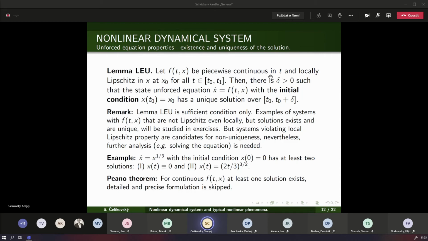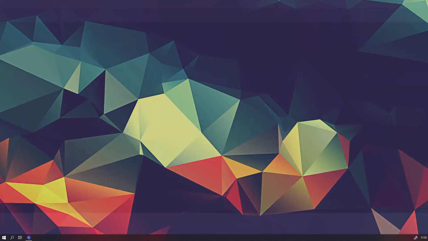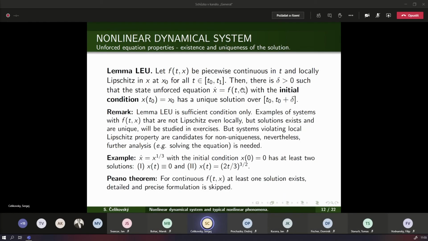This is the same situation as for a linear system. In general, this equation may have many solutions, and if we want to have one fixed, we usually should fix the so-called initial conditions. So at time t0, we ask that the state is x0, and then of course we would like to have a unique solution. But this lemma is a very basic one.